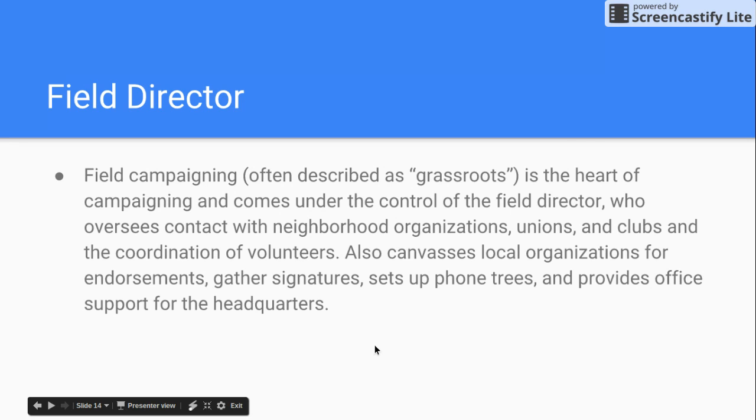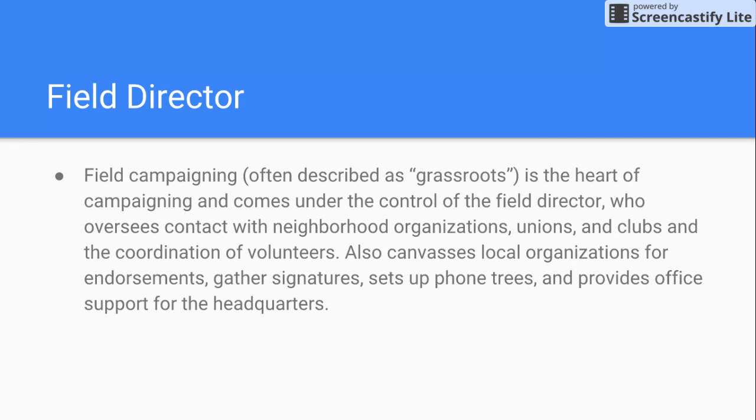Okay, so you also need a field director. Field campaigning is often described as grassroots, which is basically the heart of campaigning. Grassroots is when it's really done at the local level. It's like the people get together and they're trying to make a change.